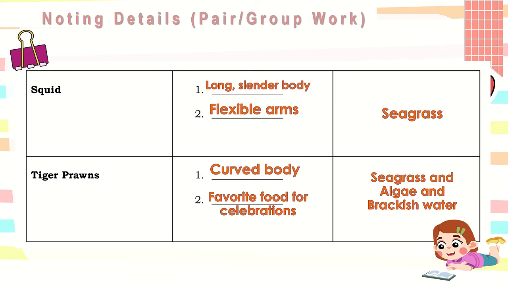For squid, long, slender body, flexible arms. Its habitat is seagrass. For tiger prawns, we have curved body and favorite food for celebrations for characteristics. And for its habitat, seagrass and algae, and it could be in brackish water.